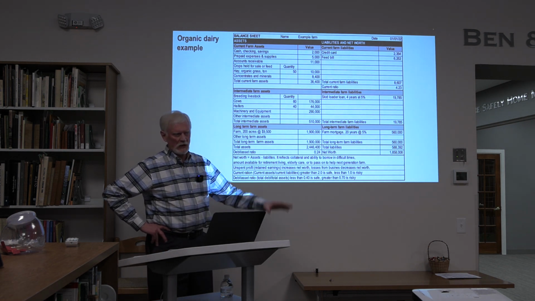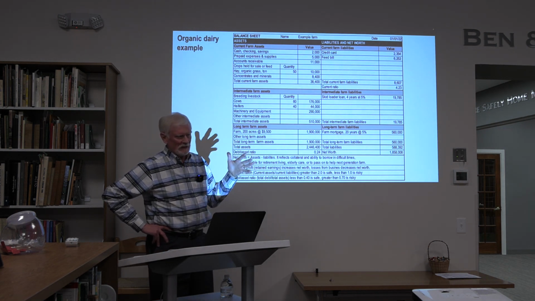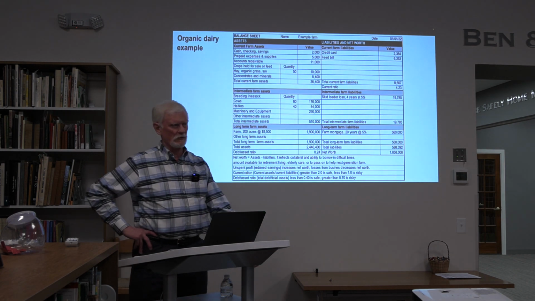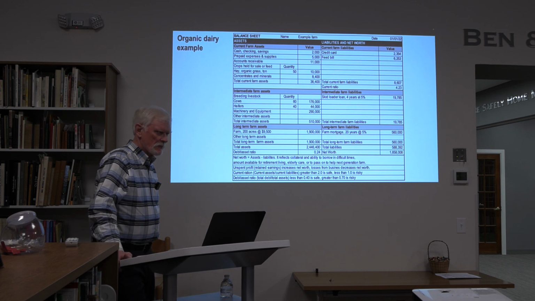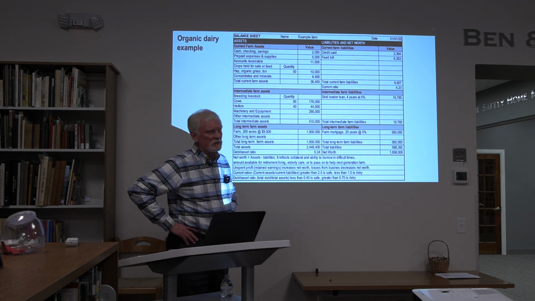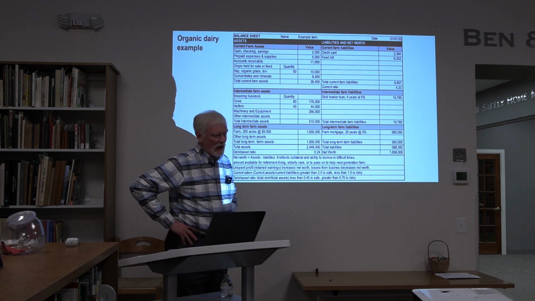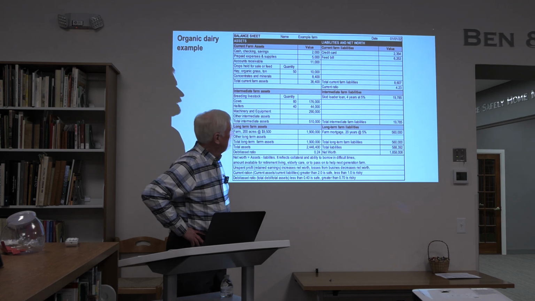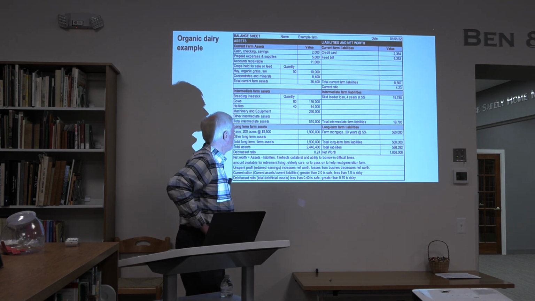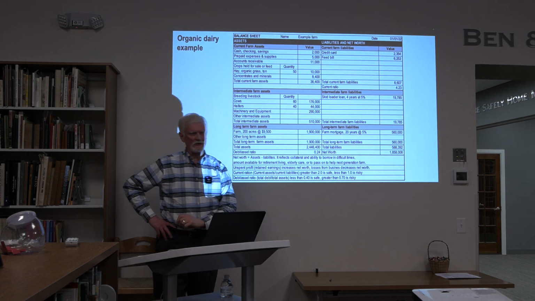And of course, I will probably have a schedule attached to this that lists every piece of equipment and what the current value is of it. I'd have it from my records, a record of every cow, and I would have an average value on those cows to come up with those figures. All right, so that's our intermediate assets. Any questions?